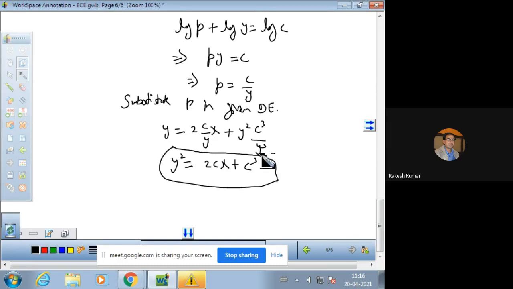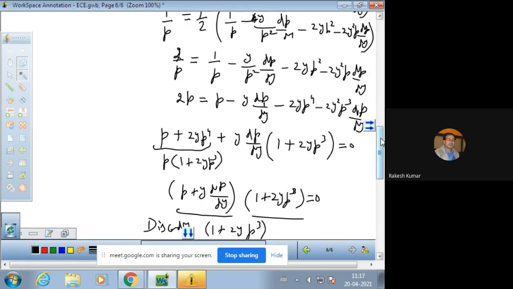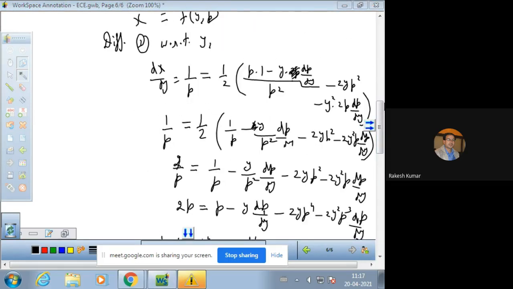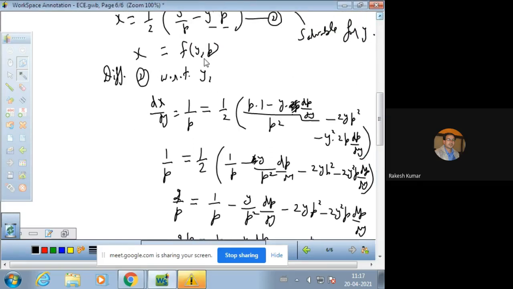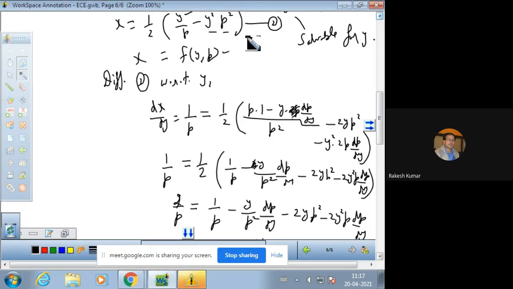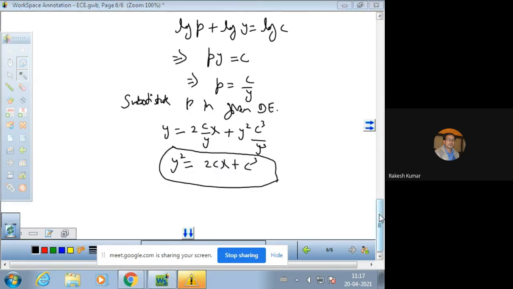So this is the method. In the beginning, you have to separate x in terms of p and y, and when you make x a function of y and p, then you differentiate x with respect to y, and differentiate the right side also. Then try to simplify more and get the solution from the factors which you are obtaining.